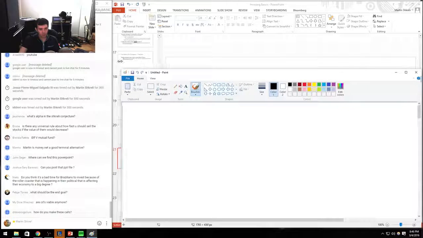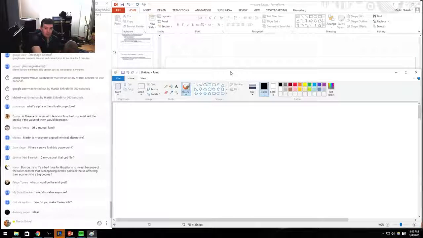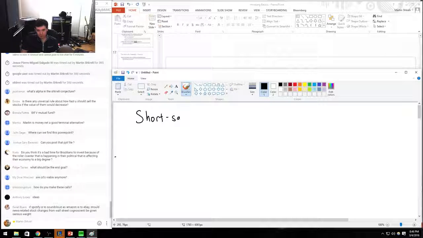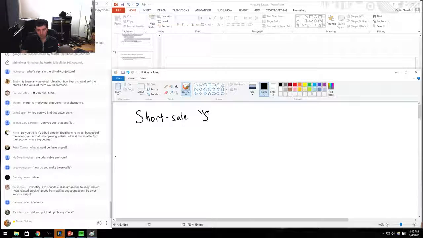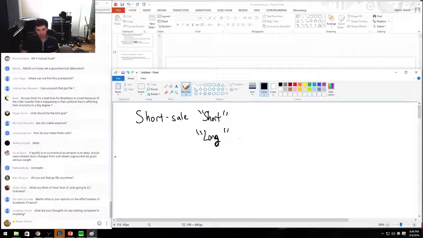So when you try to build a portfolio, one of the biggest things is that very few people short sell. Most people are only long. In other words, they'll just buy securities and bet that they go up instead of betting that they go down as well.